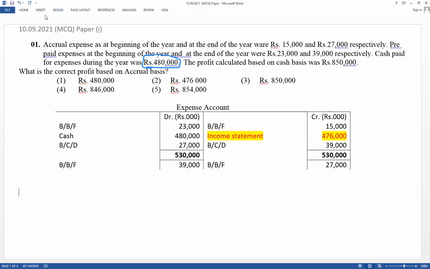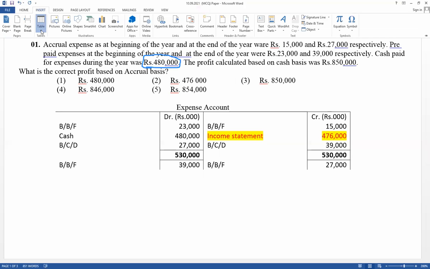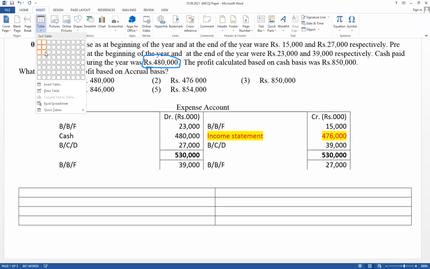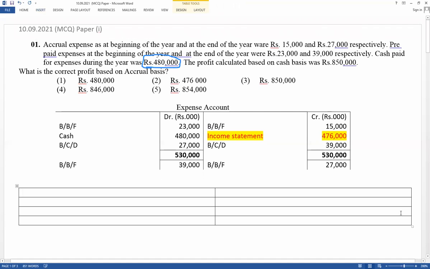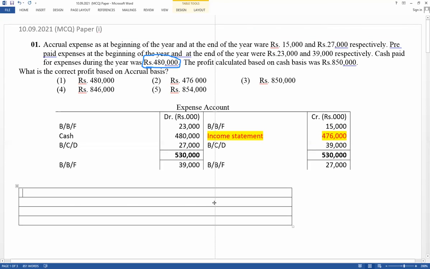Therefore, it has given the old profit value calculated based on the cash basis. It should be converted into the accrual basis. First, take the profit calculated based on the cash basis.